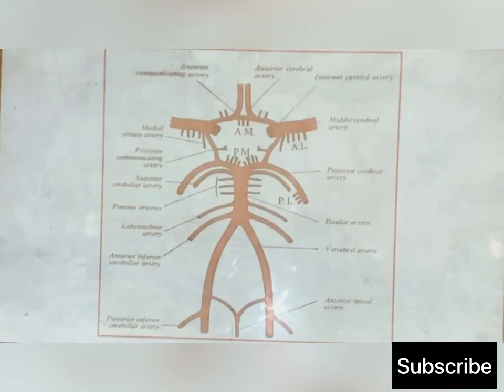If you look at this, there is something like a cycle formed. This cycle is completed between these two cerebral arteries. This is one anterior cerebral artery, this is another anterior cerebral artery. The two are joined together by what we call the anterior communicating artery. Remember, we have posterior communicating branches coming from the internal carotid artery.